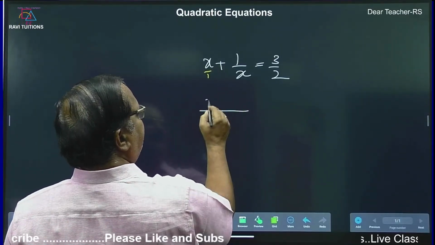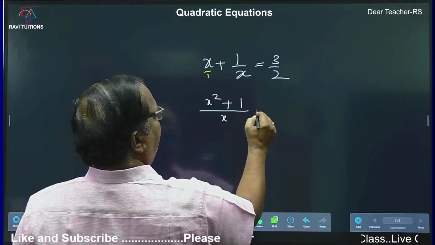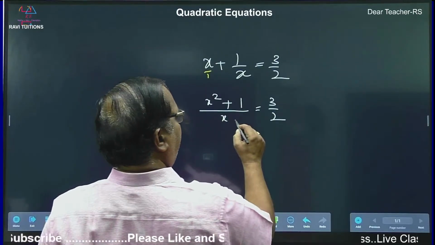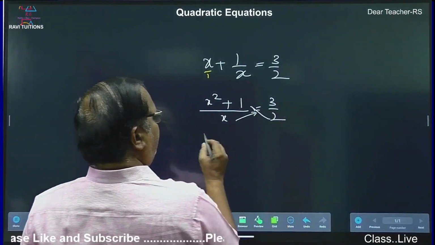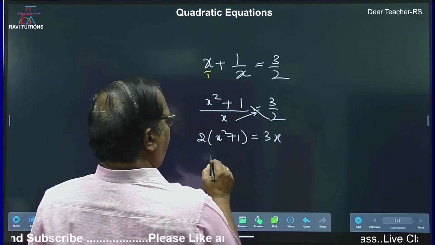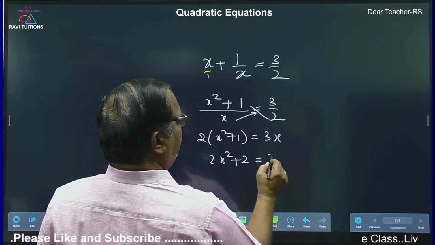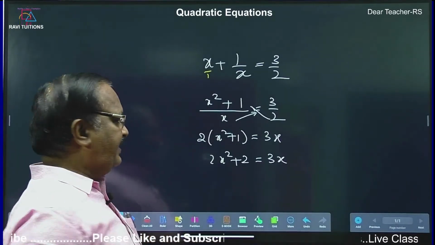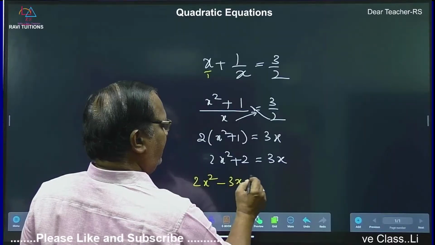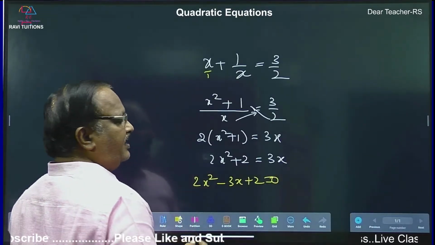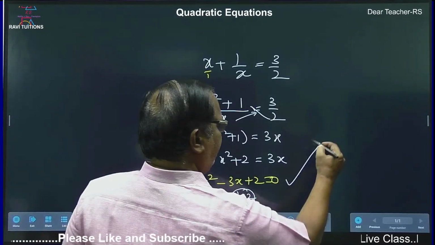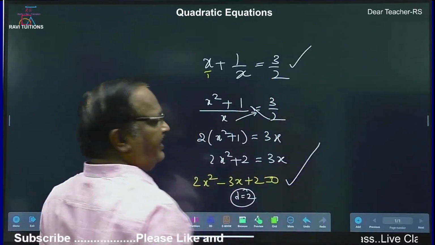So x into x is x square, plus 1, over x, is equal to 3 by 2. Cross multiply it. So then what happened? 2 into x square plus 1 is equal to 3x. So 2x square plus 2 is equal to 3x, and bring everything to one side. So then first the x square term, next the x term and next the constant. Yes, it is in the form of degree 2. Therefore, this is a quadratic equation.